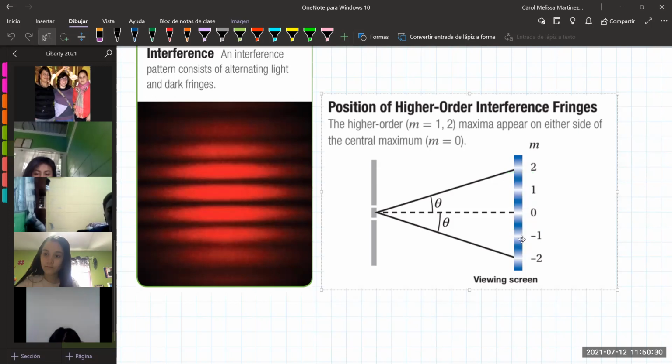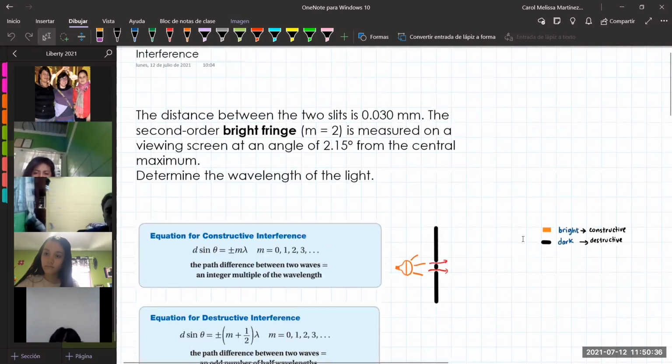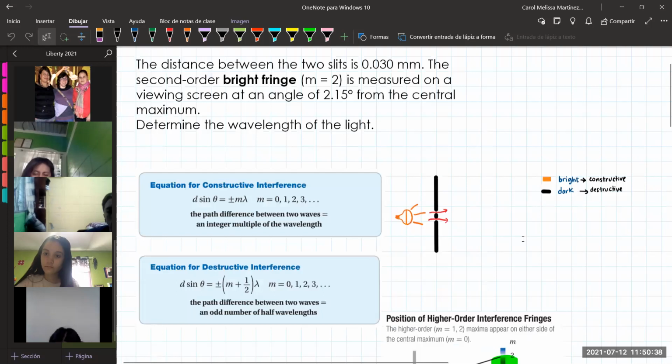Now, we can represent this like this. I'm going to use orange for the bright zones and black, of course, for the dark zones. Remember, bright is constructive and dark is destructive. So the pattern that is going to be visible in the viewing screen is going to be something like this.